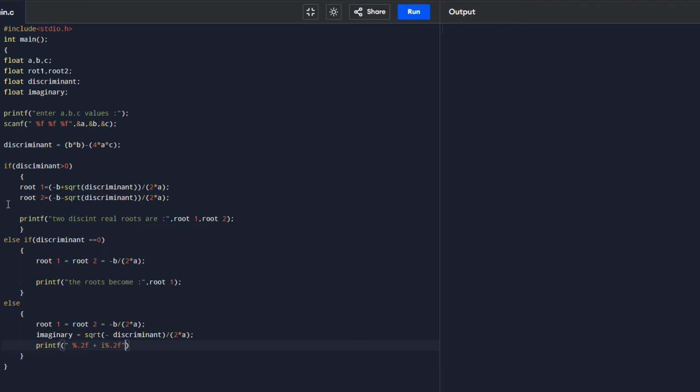This becomes root 1 of imaginary, comma imaginary. Same, but instead of plus with root 1, the second root will be minus, and root 2. Imaginary is same for both the roots.